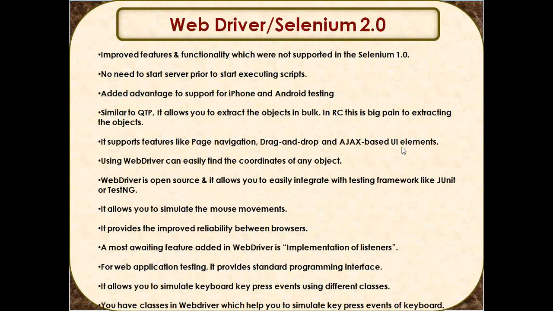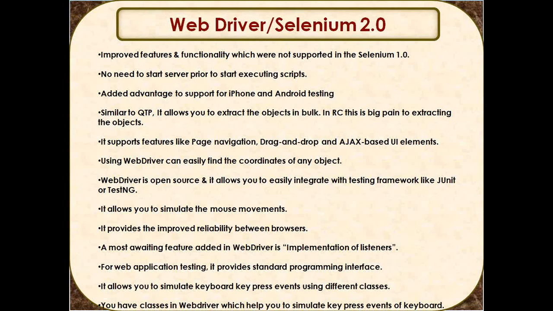These are some of the advantages of WebDriver. It has improved features and functionality which were not supported in Selenium 1.0, which is nothing but Selenium RC. There is no need to start the Selenium server, and it has the added advantage of supporting iPhone and Android testing.